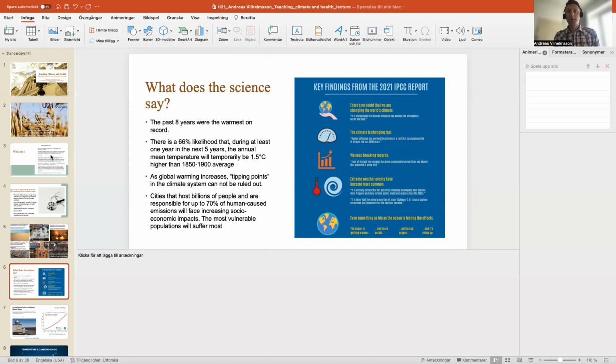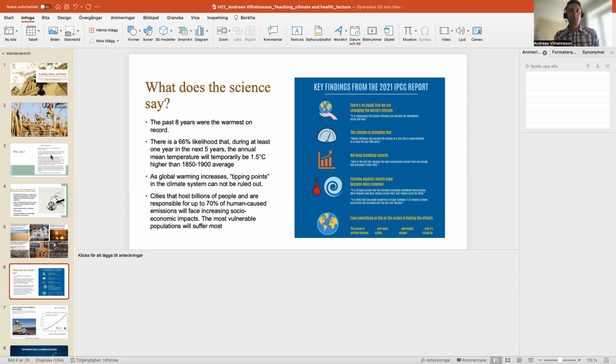And extreme weather events have become more common, and this has also been very visible concerning the oceans that are now, there was a heat record some month ago. And also, if we look at the heat, the past 8 years has been the warmest on the records, and 2023 will probably break that record.